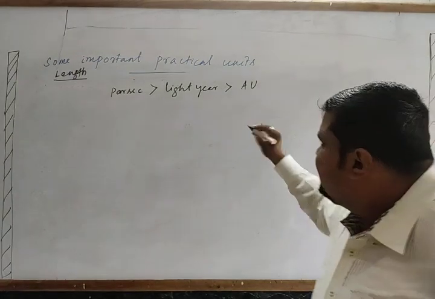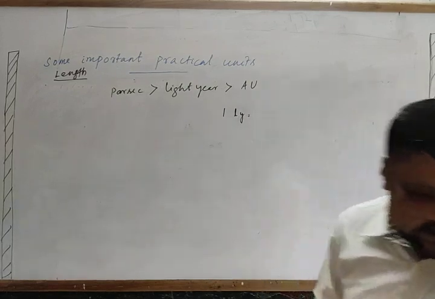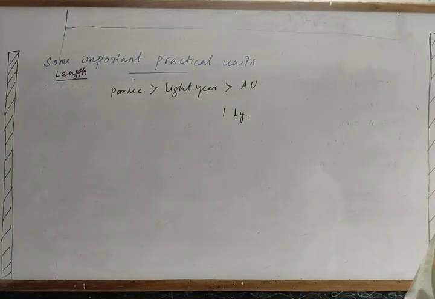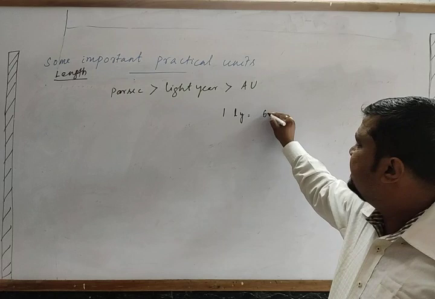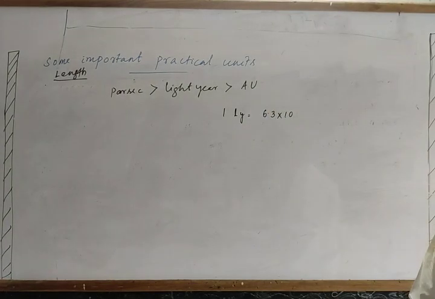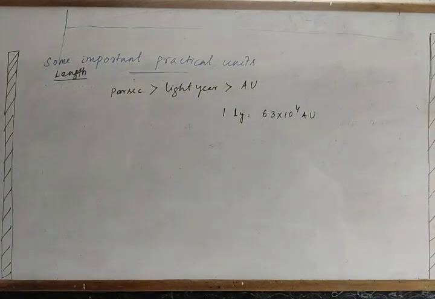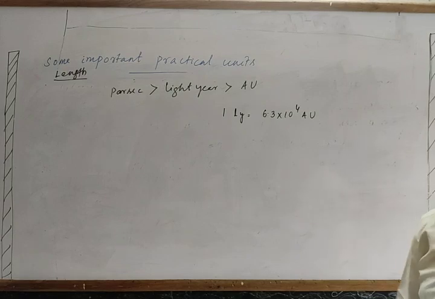So 1 light year, I can write this as 1 light year equal to 6.3 into 10 to the power 4 astronomical unit. That is a conversion: 1 light year equal to this much astronomical unit.